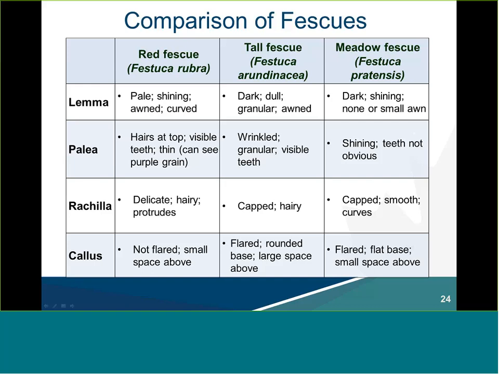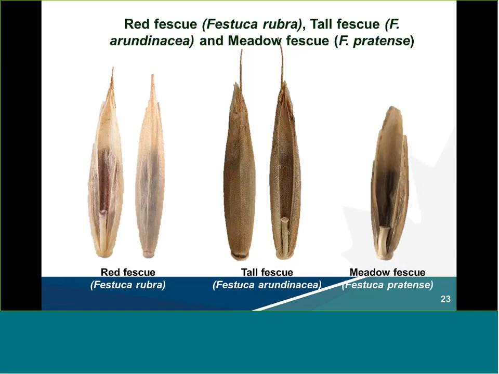Now, the tall fescue lemma is quite dark colored. Oh, that's the other thing. You can see the grain, as I've mentioned, through the back of red fescue. That very dark purple grain is another hallmark of red fescue. And also I'll mention at this time that sometimes, not as many times as I would like to tell them apart, but there can be a purple wash.